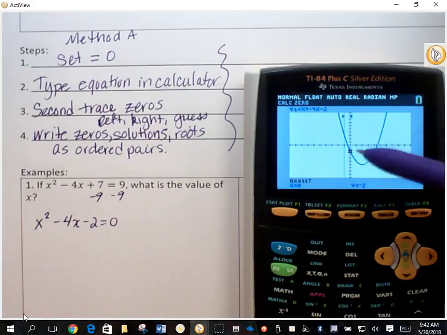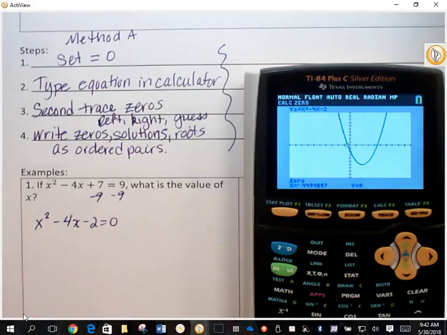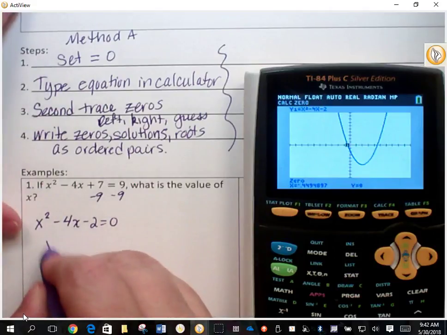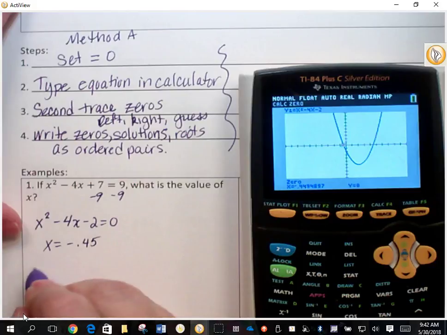Type that in, there's a line there. The intercept occurs between those 2 blue lines. So I press enter, and my first answer is -0.45 and 0. So I got x equals -0.45. So one answer is -0.45 and 0.